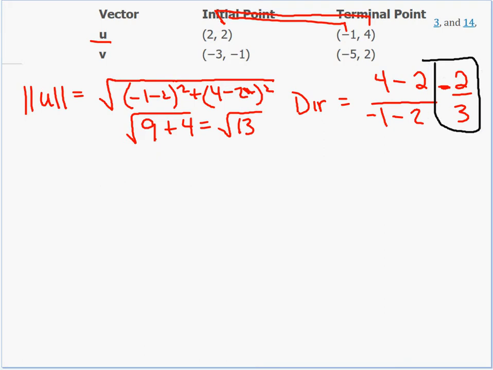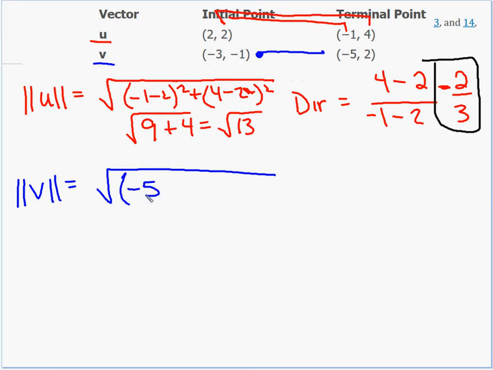So let's check out vector v and see if they are equivalent. Vector v, starting at the initial point and going to the terminal point, the magnitude of this vector is: negative 5 minus negative 3, and we're going to square that, and then 2 minus a negative 1, and square that.